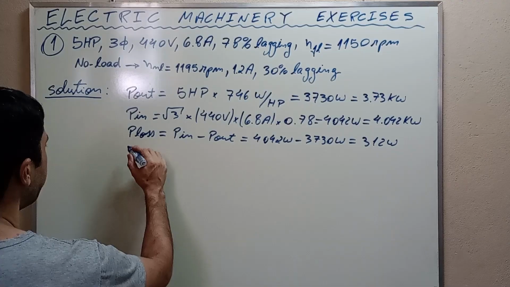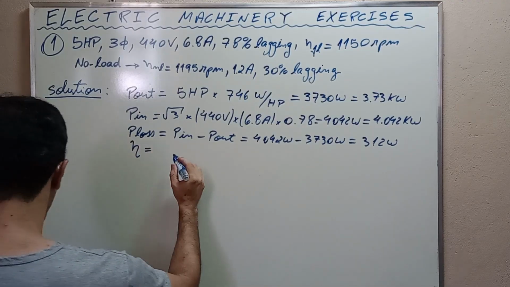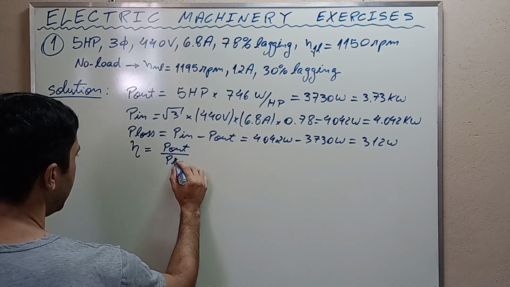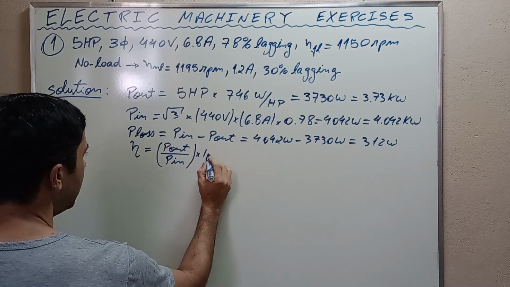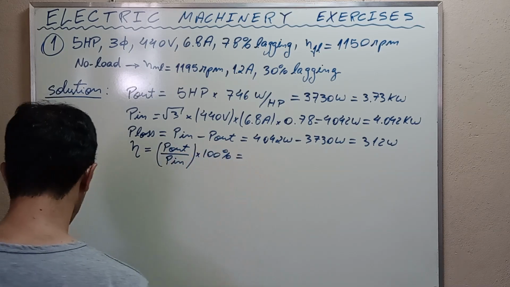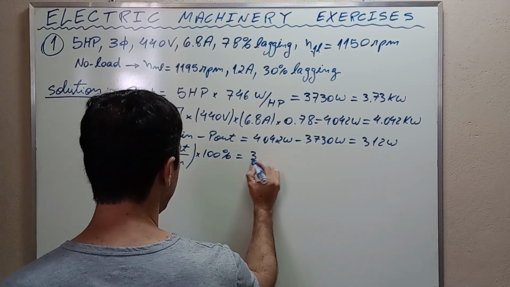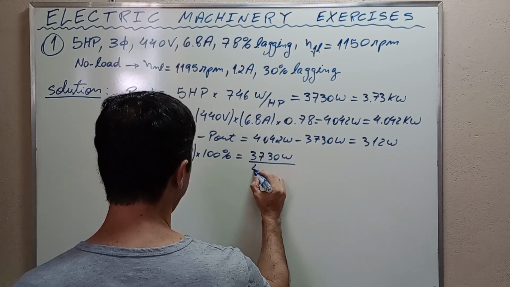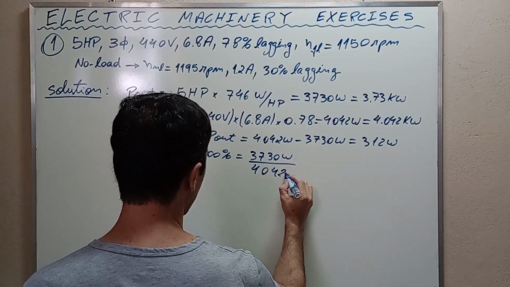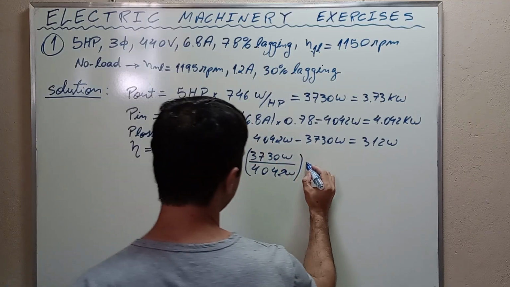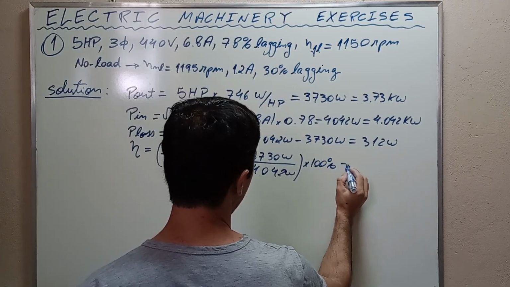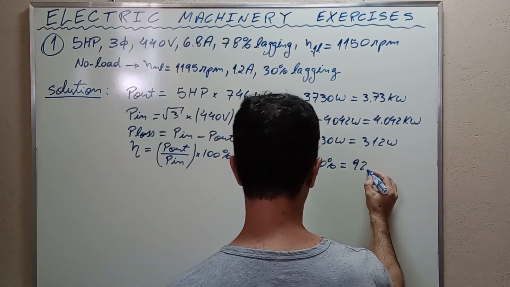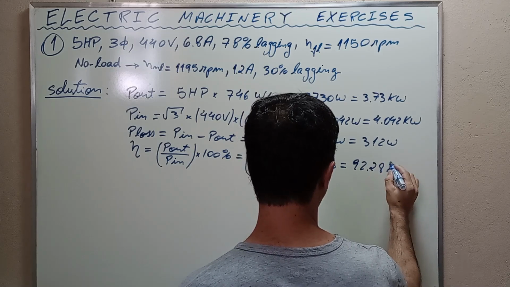The efficiency is equal to P out over P in times 100%, and this is equal to 3730 watts divided by 4042 watts times 100%, and we discover an efficiency equal to 92.28%.